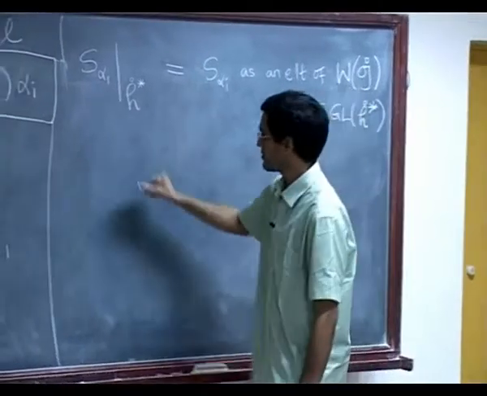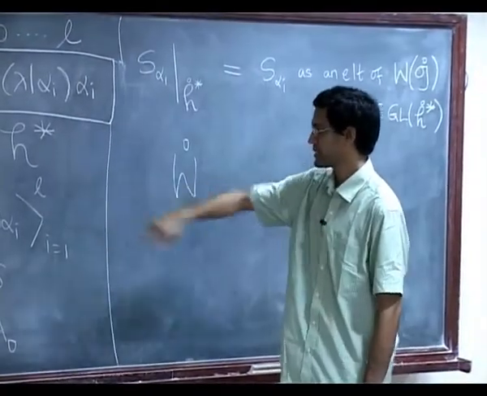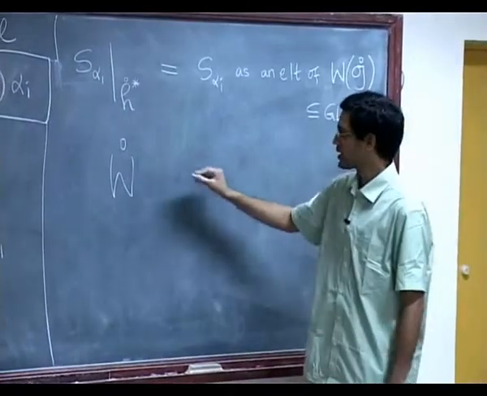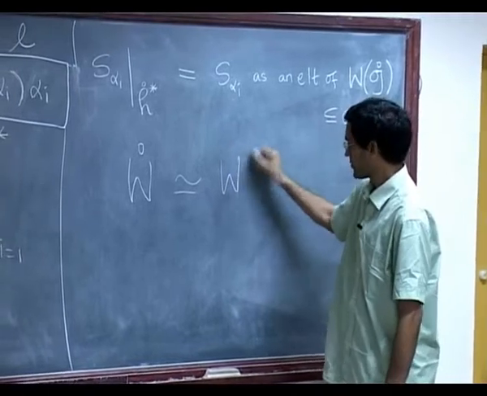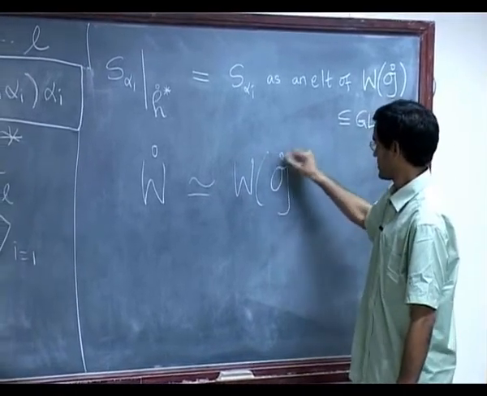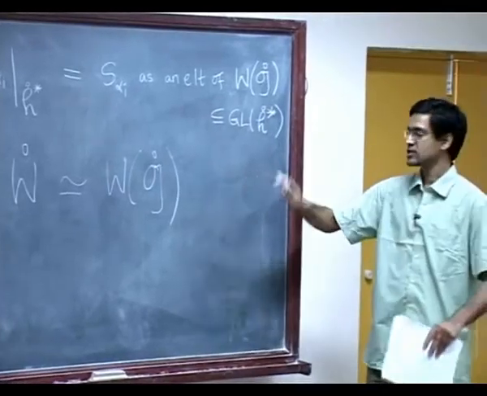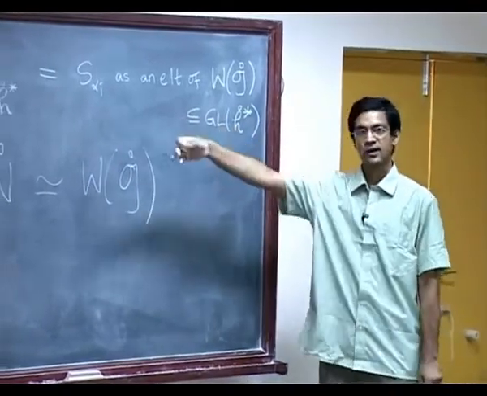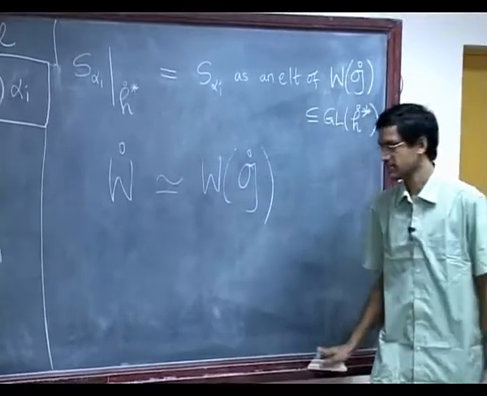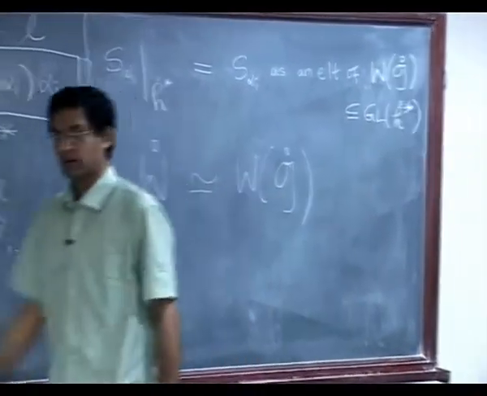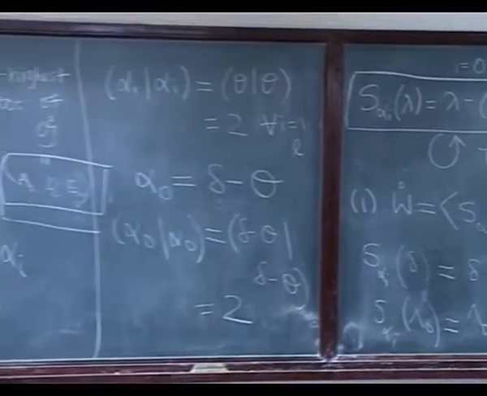So, what you do get, therefore, first observation: the subgroup generated only by these S alpha i's for i from 1 to L is just a silly copy of the Weyl group of G naught. The actions on H0 star are the same, this just has extra identity action on the remaining two dimensions. So, it's physically the same object. But now what is interesting is this extra simple reflection.